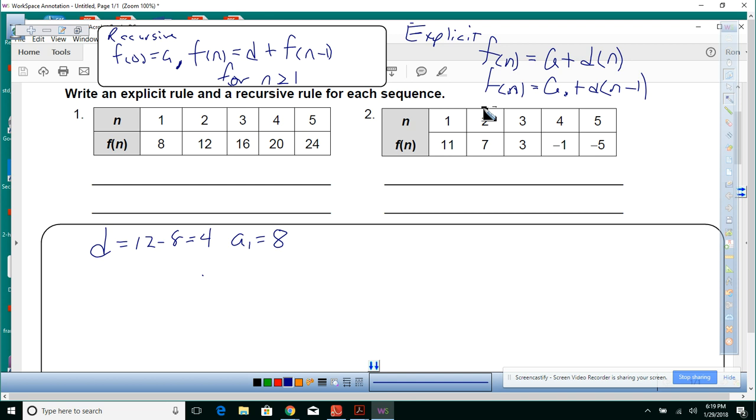And we're going to use this formula right here for the a sub 1. f of n equals 8 plus 4 times n minus 1.